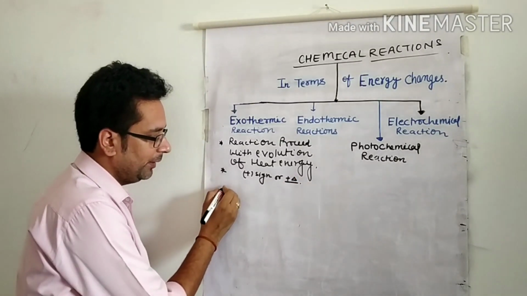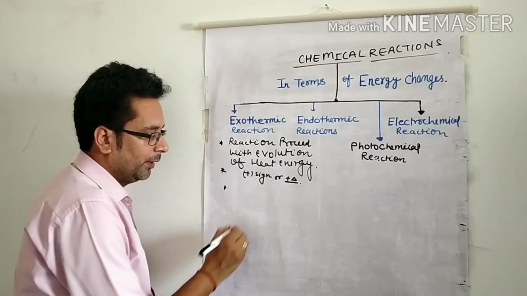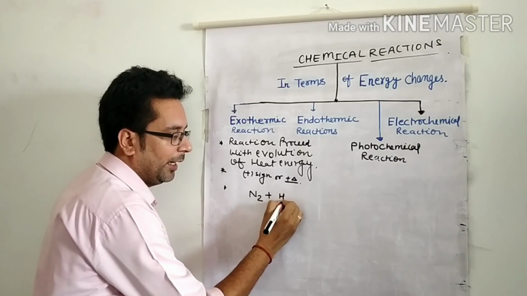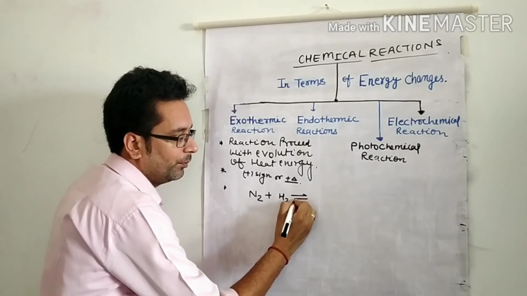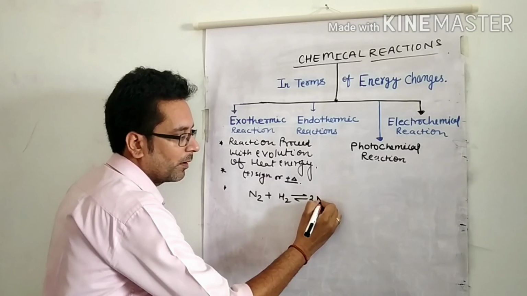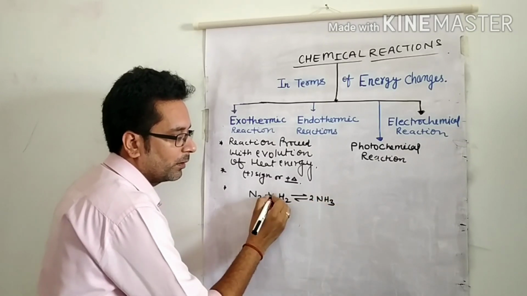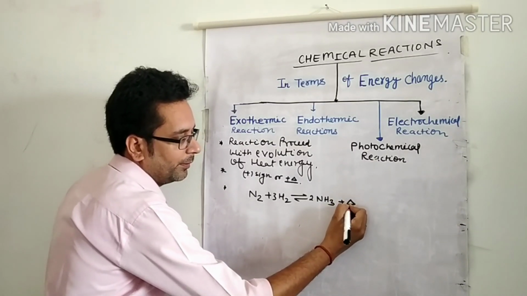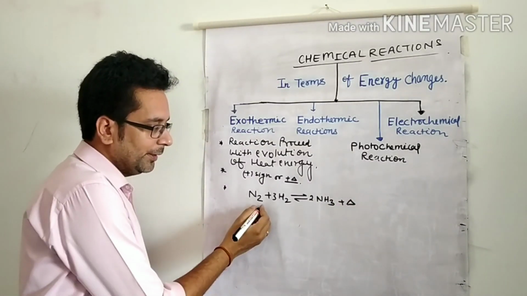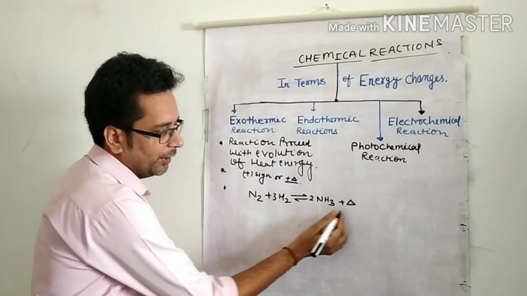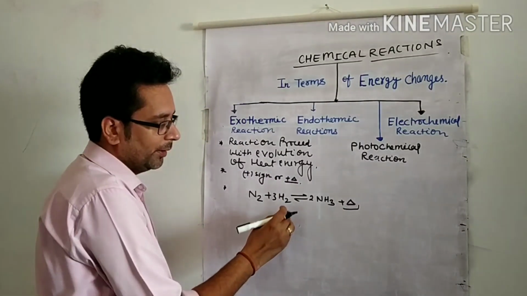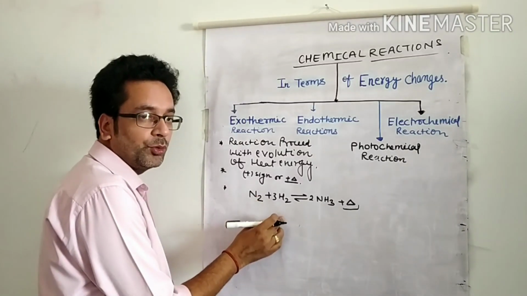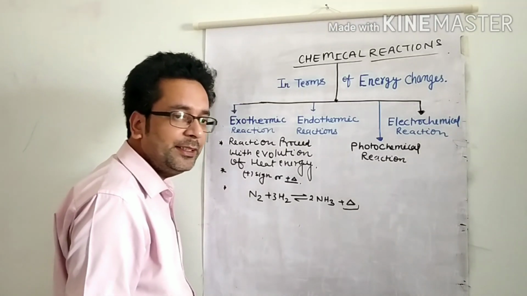Now look at an example: nitrogen reacts with hydrogen to form NH3 plus delta. This is an example of an exothermic reaction. It means energy is released, meaning this reaction proceeds with evolution of heat energy.